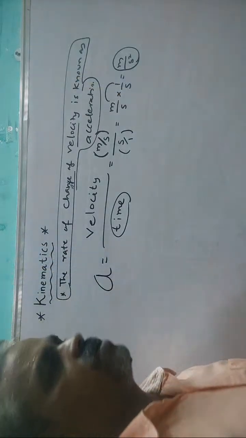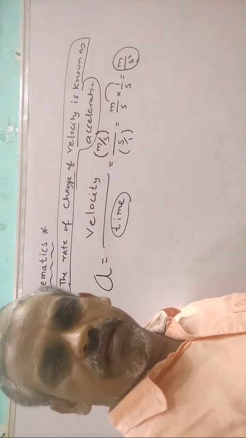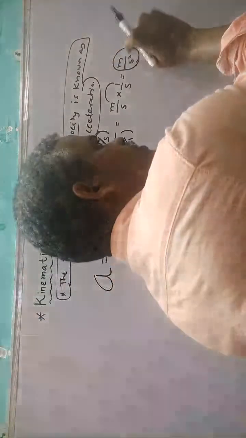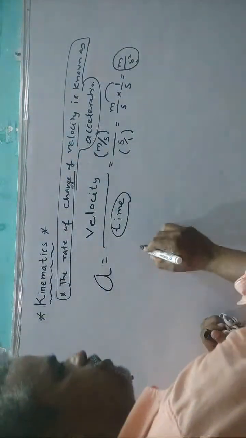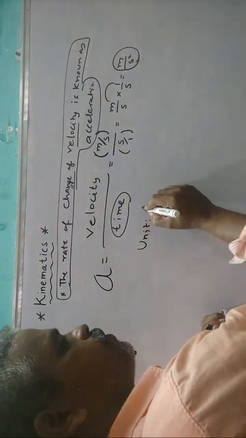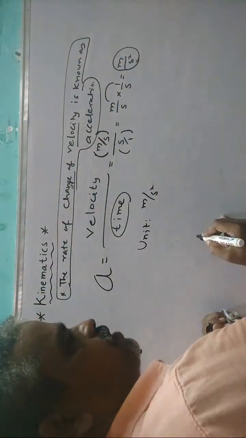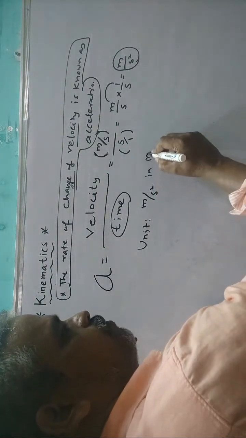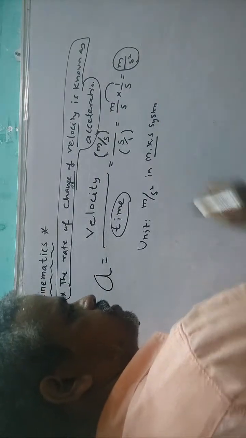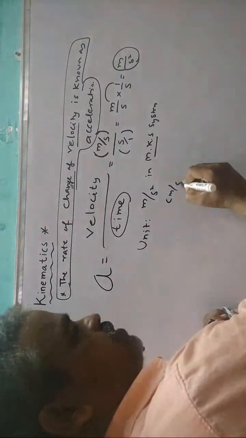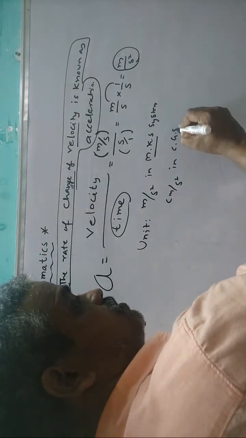So what is the unit of acceleration? In MKS units, meter per second square. Meter per second square in MKS system. Centimeter per second square in CGS system.